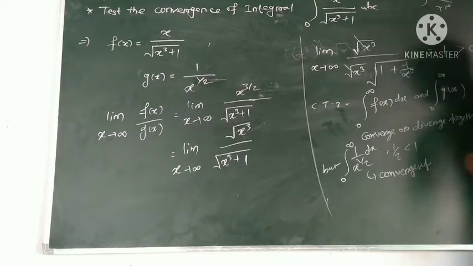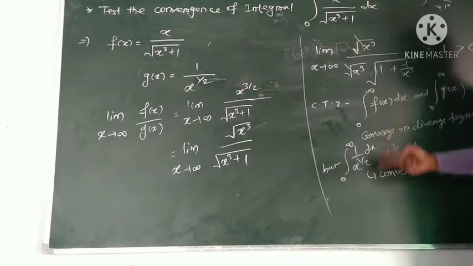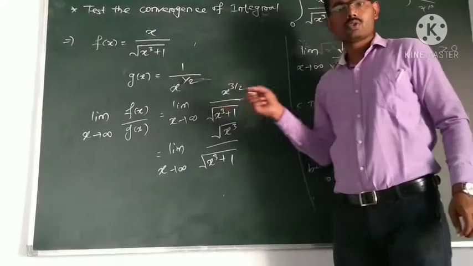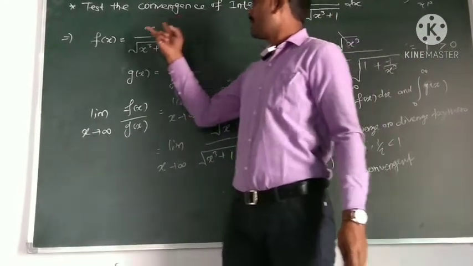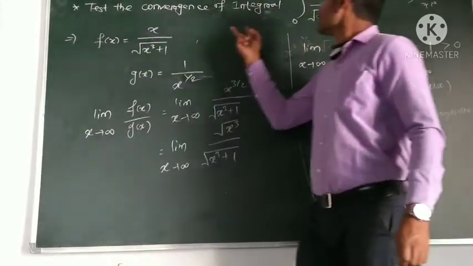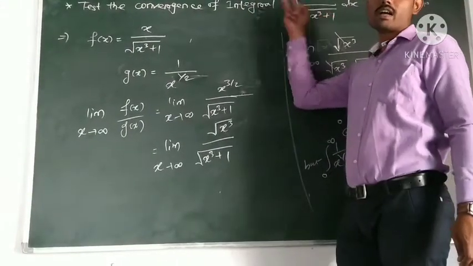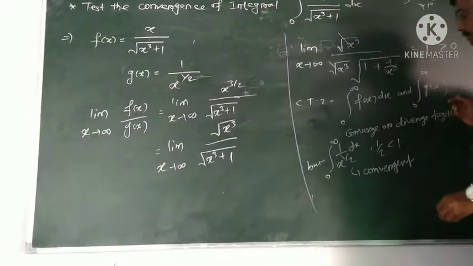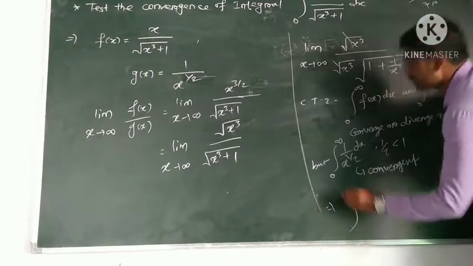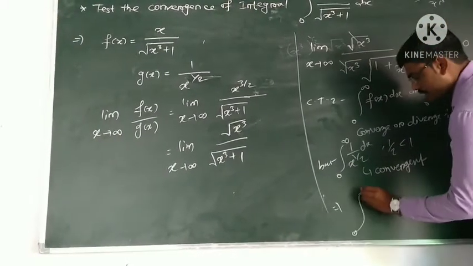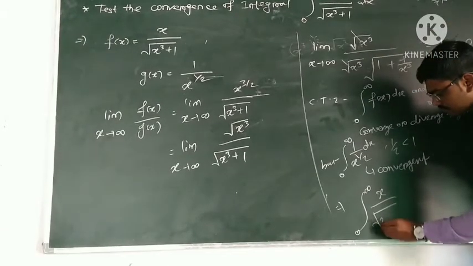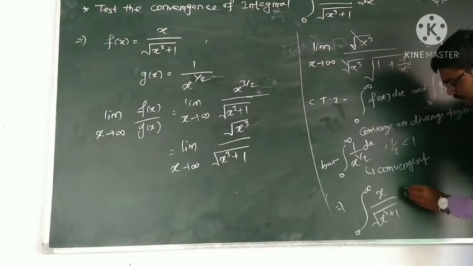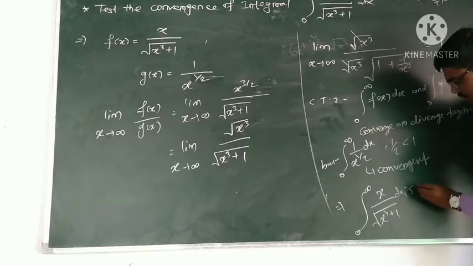Okay, our test says both the improper integrals converge or diverge together, but improper integral of g is convergent. So improper integral of f is also convergent by comparison test 2. This implies improper integral from 0 to infinity of x upon square root of x cube plus 1 is convergent.